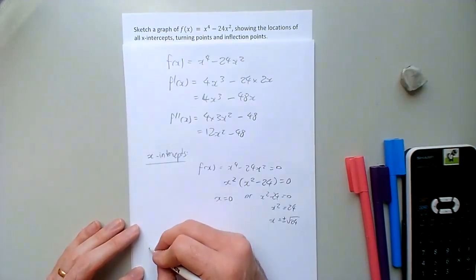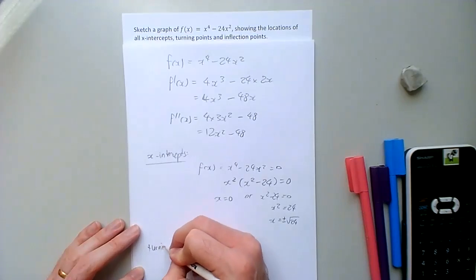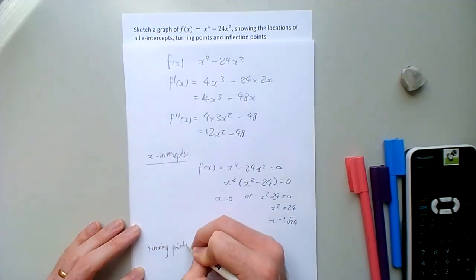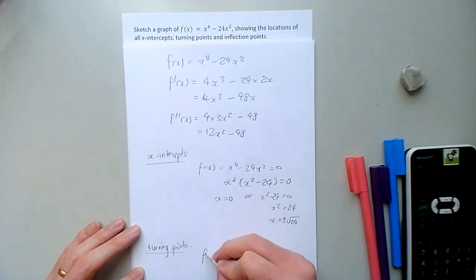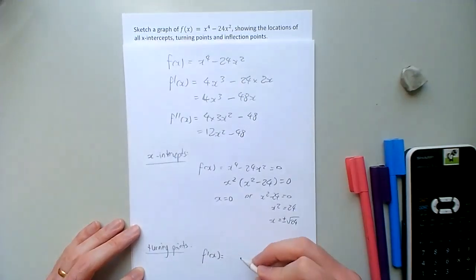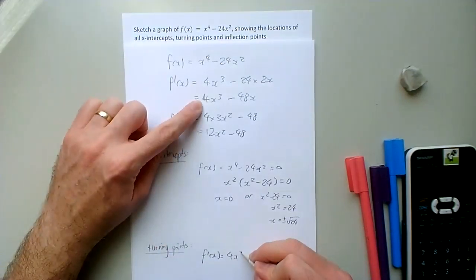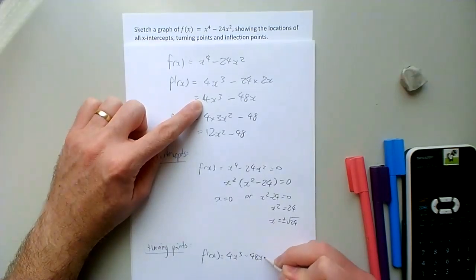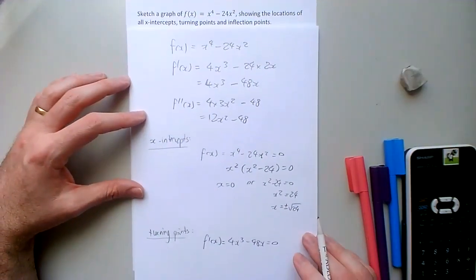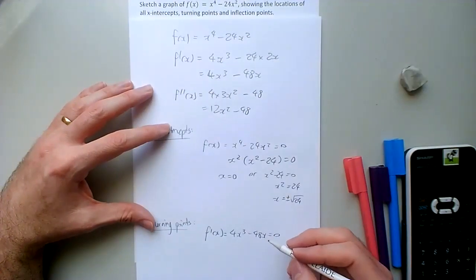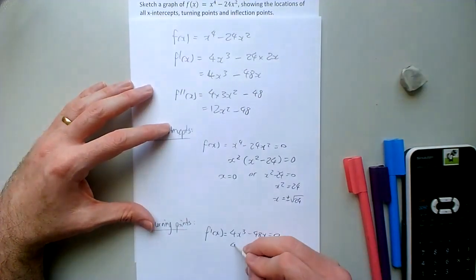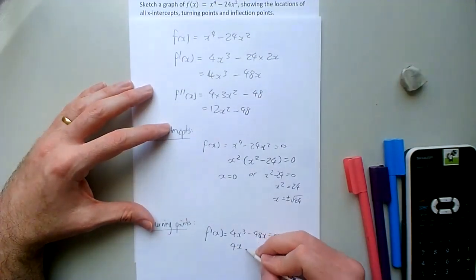All right, let's do the turning points. So you're going to need the first derivative to be 0 this time. So 4x cubed minus 48x would be 0. Well, they've both got a 4 in them and an x.